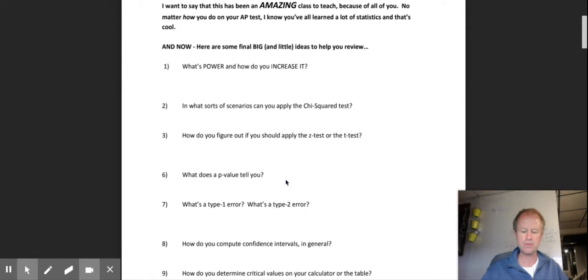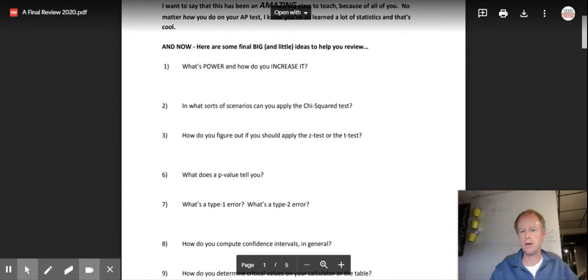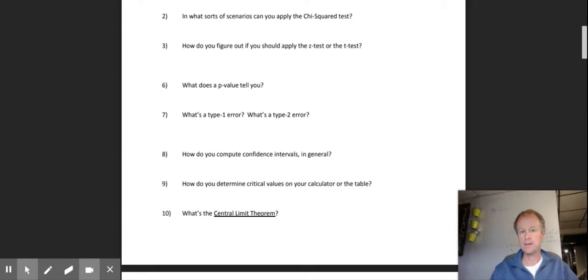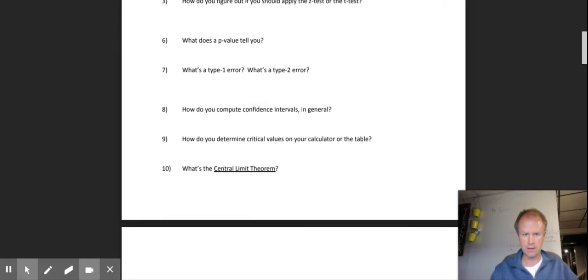If you recall, when we used the letters, the type 1 error is called alpha. The type 2 error is called beta. And then if we think about power, back to the first question, power is 1 minus beta. And the significance level is alpha.